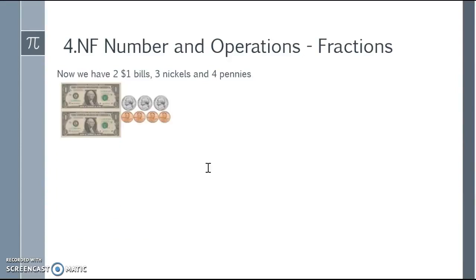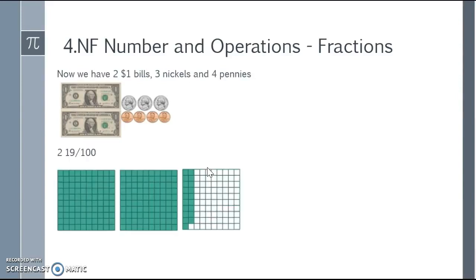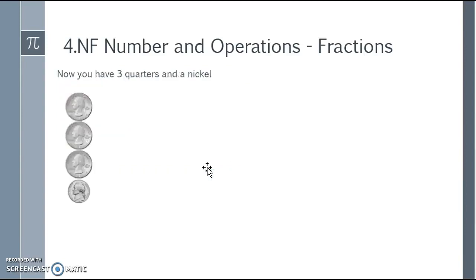Now we have 2 $1 bills, 3 nickels, and 4 pennies. In fractional form, this is 2 and 19 hundredths, meaning that 2 full base 10 pieces, for our unit, would need to be colored, and 19 more of a third one, so a portion. This is 2 and 19 hundredths.